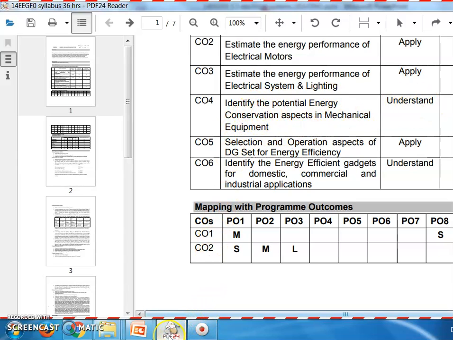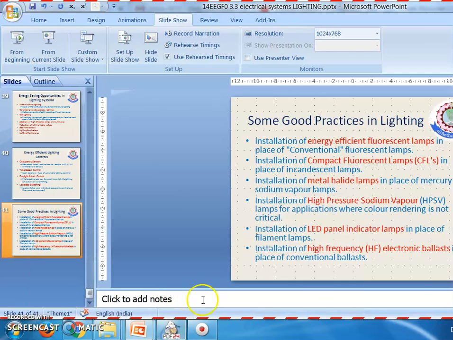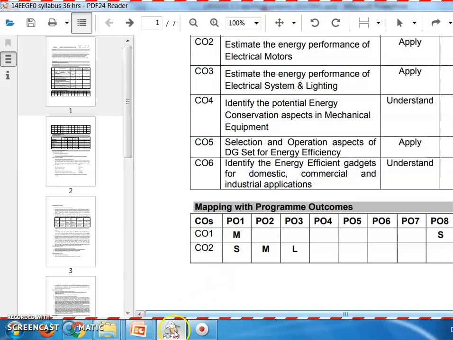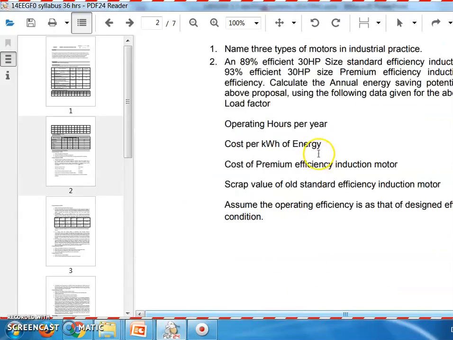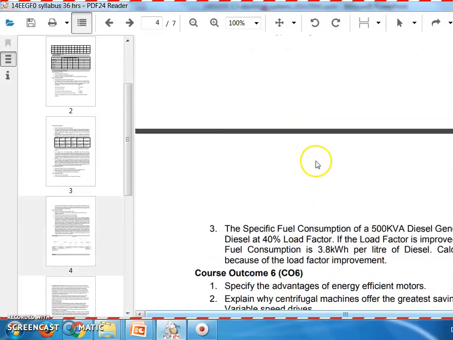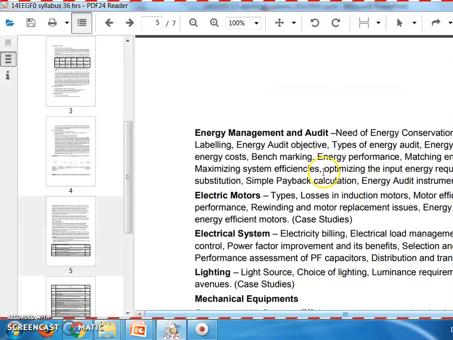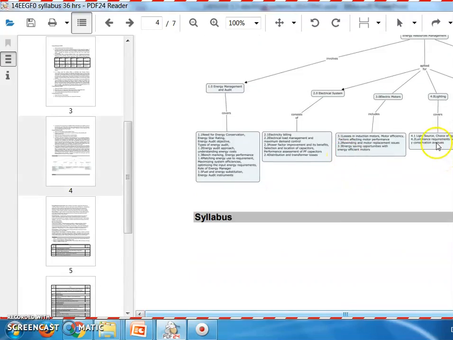So let me start CO4, which combines 3 or 4 devices in the mechanical.